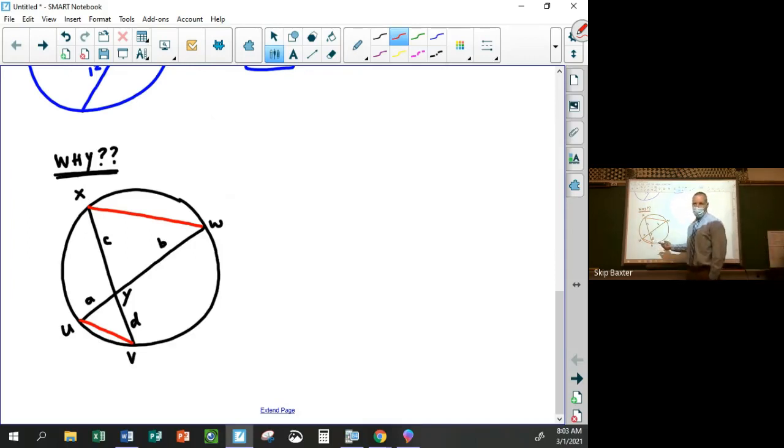So if you think about it, what we talked about the other day was this angle right here has to be the same measure as this angle right here. Why is that true? This is directly from Friday, so why is it true?